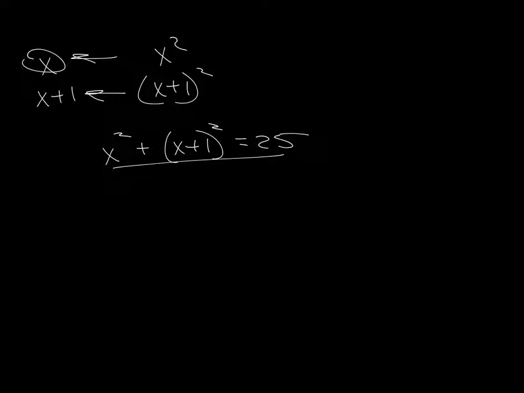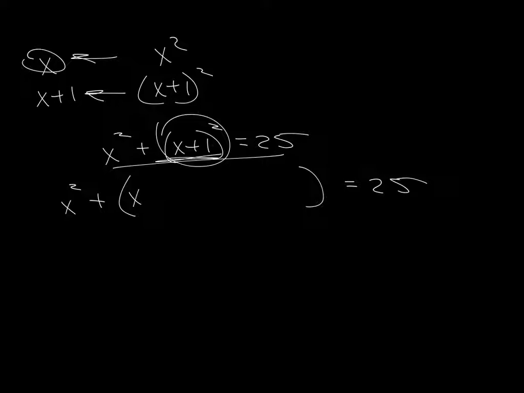Alright, so we've got that mess there, so let's go ahead and do the FOIL method there. So x squared plus, and then let's do the FOIL. In fact, I'll put it in parentheses. Alright, first number squared. Let's do this as x plus 1 times x plus 1, so we can look at doing the FOIL.